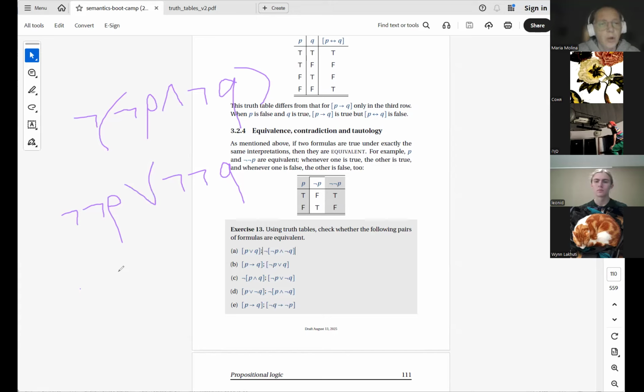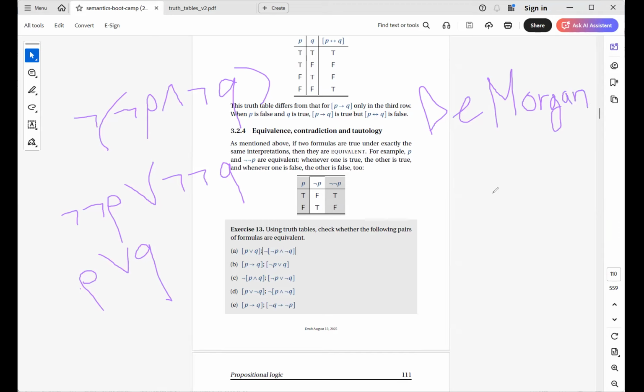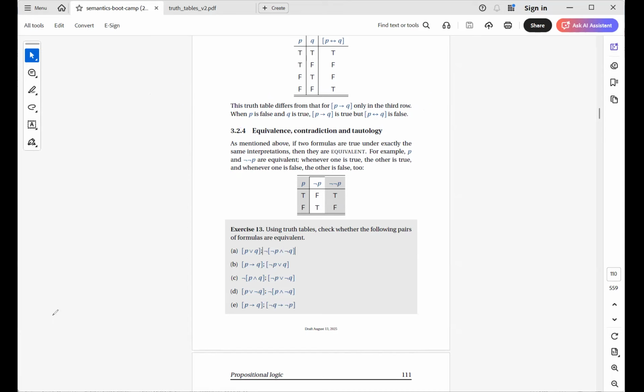Double negated P or double negated Q. Then we simplify it and we get P or Q. And this is called De Morgan's transformation. It's called De Morgan's transformation.